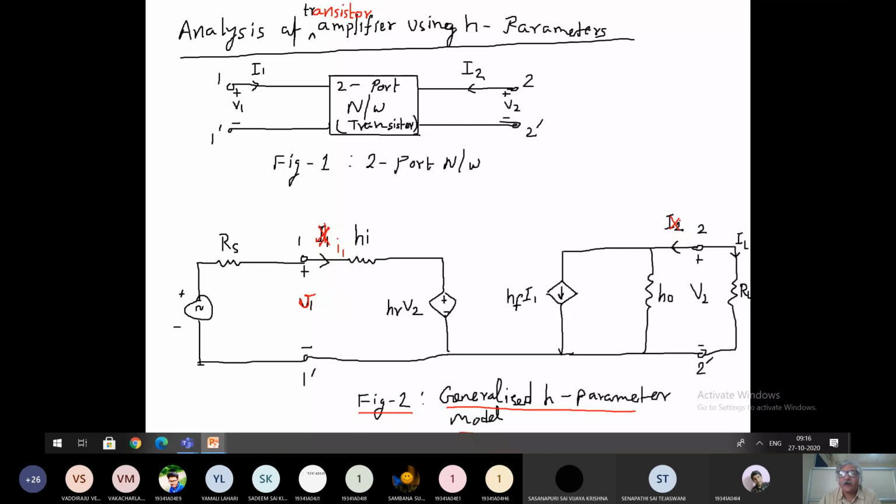Here I will write i2, right? And this is small v2. Okay, right. So this is the generalized model, right? Because here we are writing the h parameters without mentioning the type of configuration, like hi, hr, hf, ho, right? Okay.